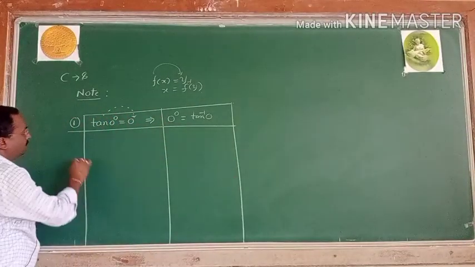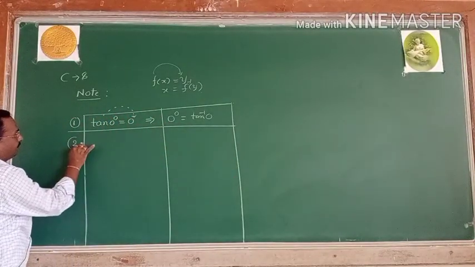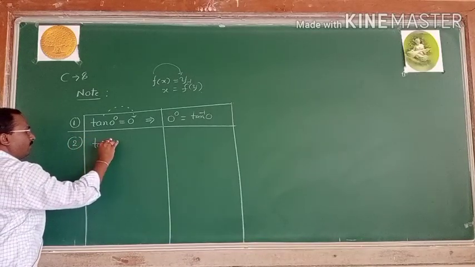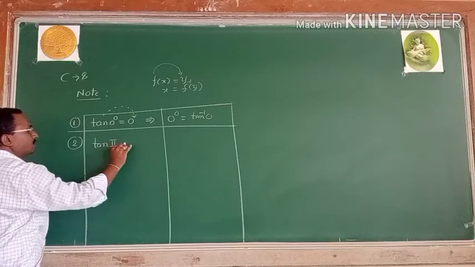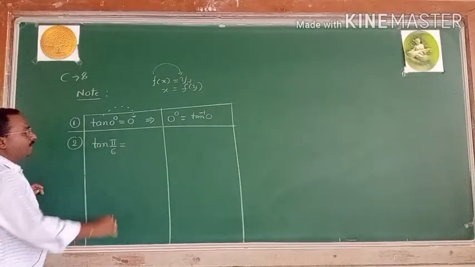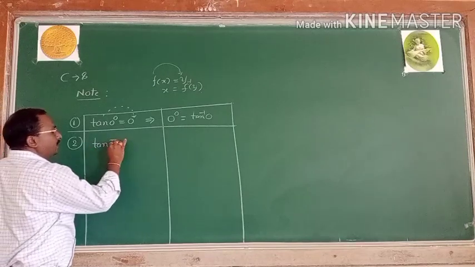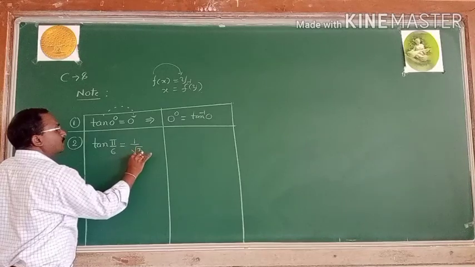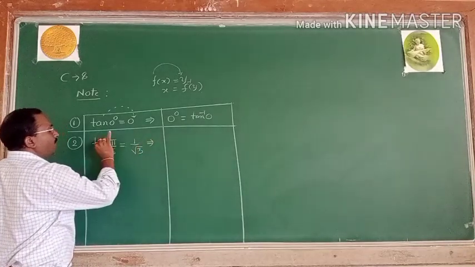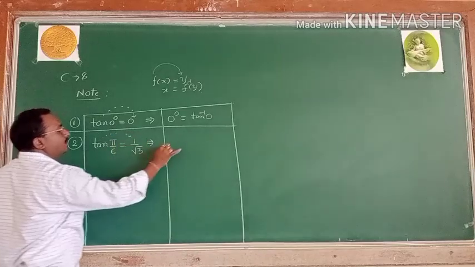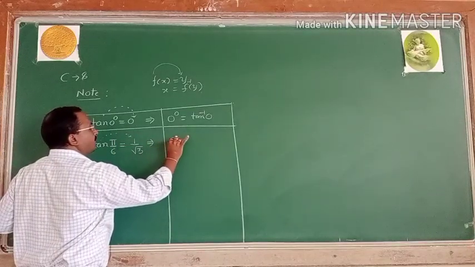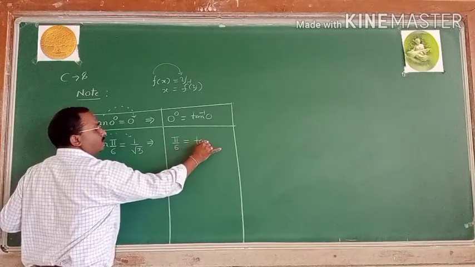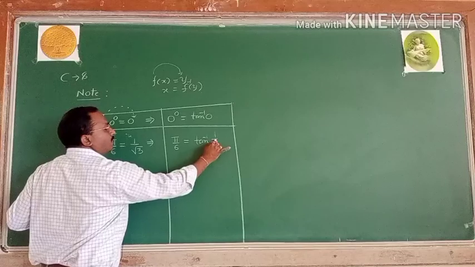Second one: we know that tan 30 degree, that is pi by 6, is equal to 1 by root 3. This can be expressed as pi by 6 equals tan inverse of 1 by root 3.